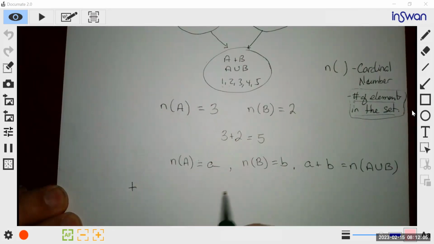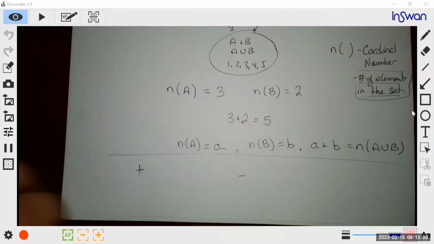We have 2 symbols. This is a history lesson. We have 2 symbols. They were not really invented until the 1400s. Because up until then, they just combined them with the union symbol or the intersection symbol.